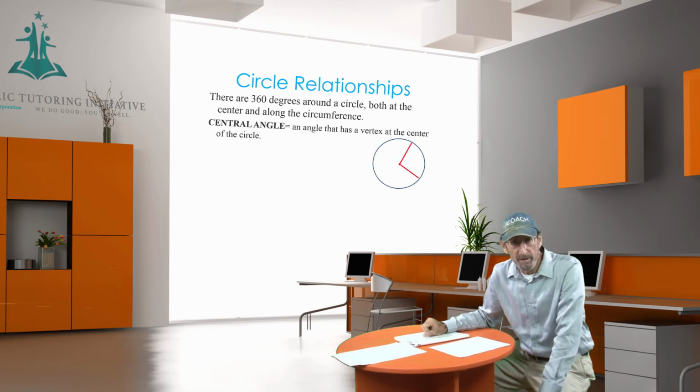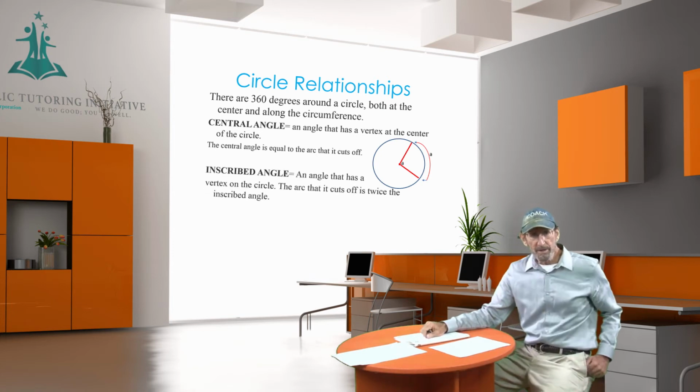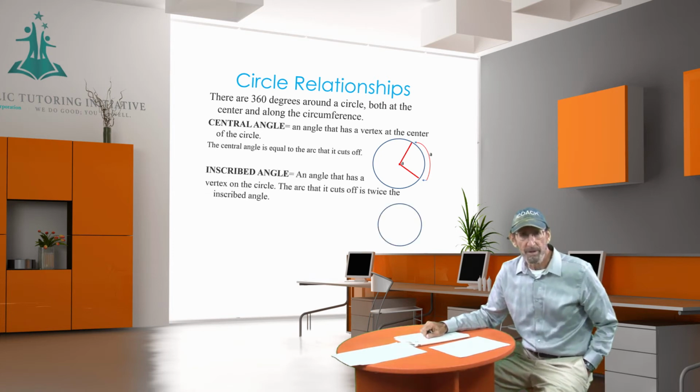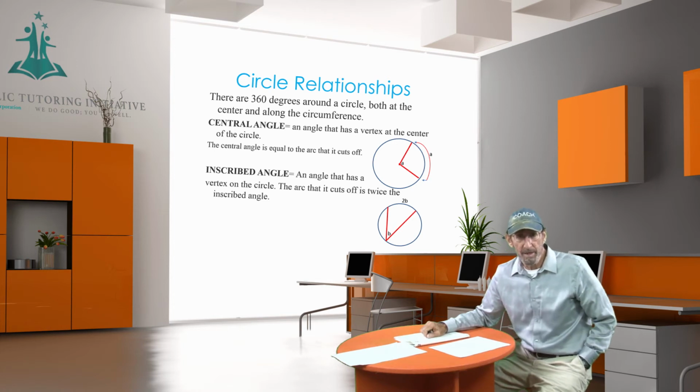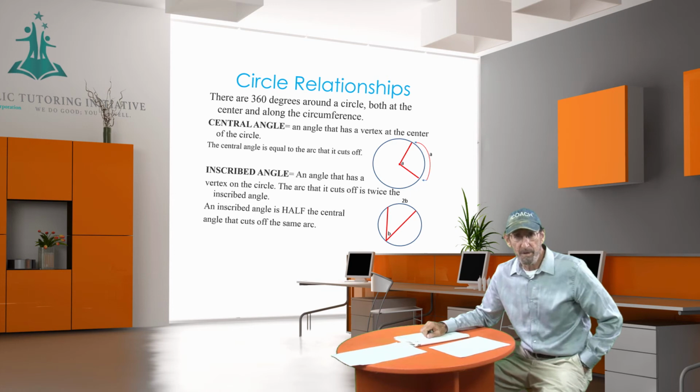The central angle is equal in degrees to the arc that it cuts off on the circumference of the circle. An angle that has a vertex on the circle is called an inscribed angle. The arc that it cuts off is twice the inscribed angle. And so an inscribed angle is half of the central angle that cuts off the same arc.